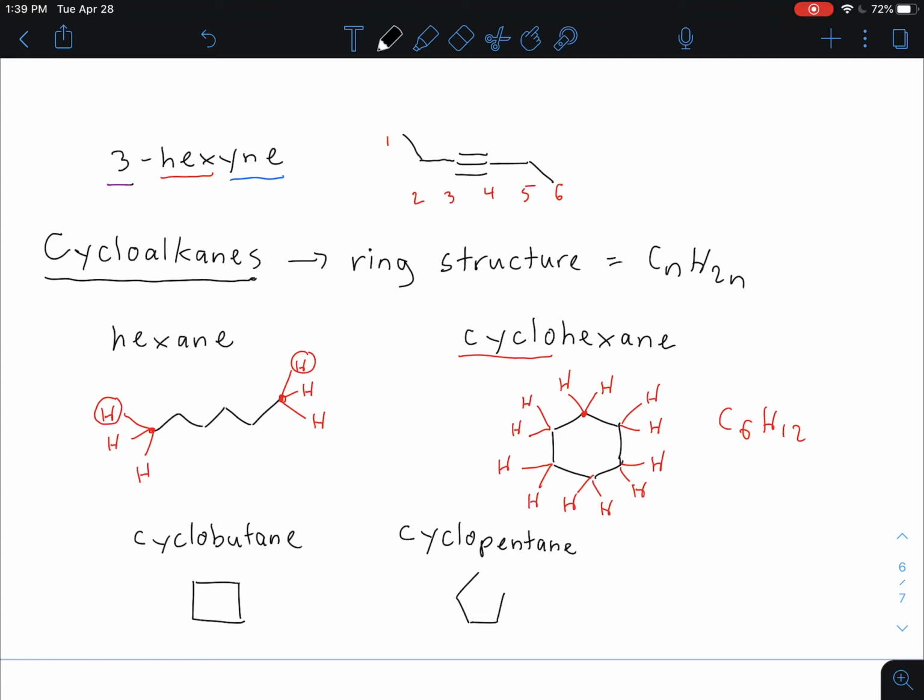That would be called cyclopentane, and that just looks like a regular pentagon, more or less like that, and so on. I think I could have also shown you in the beginning a 3-membered ring, cyclopropane, which is just going to be a triangle like that. So those are all the different typical hydrocarbons that we see.